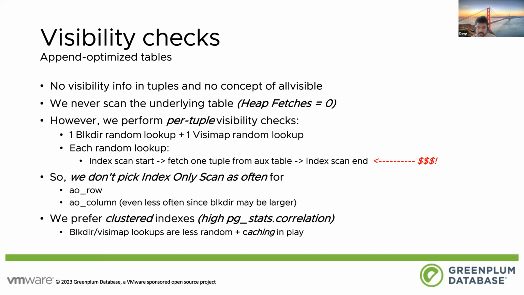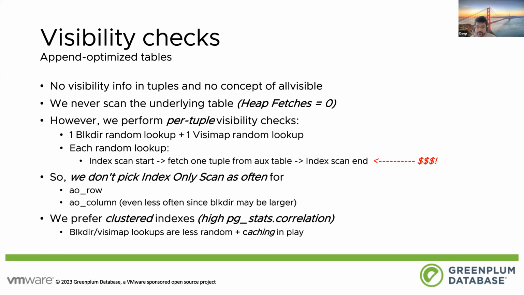If that is the case, your VisiMap and block directory lookups, the per tuple lookups that I was talking about, are less random, and we have caching in play for those lookups, because you'll get more cache hits for the block directory and VisiMap.